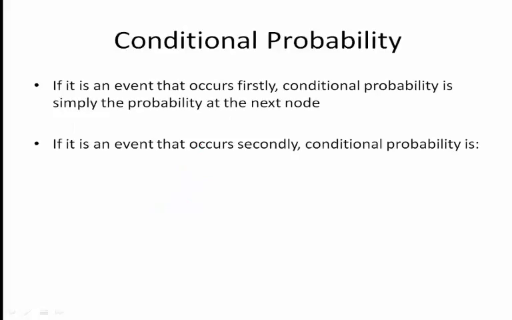Now let's talk about the conditional probability of the probability tree. Do take note that if an event is said to have occurred first, then the conditional probability is simply the probability at the next node. What does that mean? If I were to illustrate it, again I'll use A, not A, B, not B. If I were to ask you the probability of B given A, then this conditional probability is simply the probability represented along this branch.